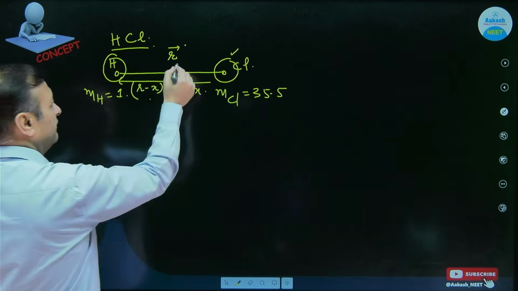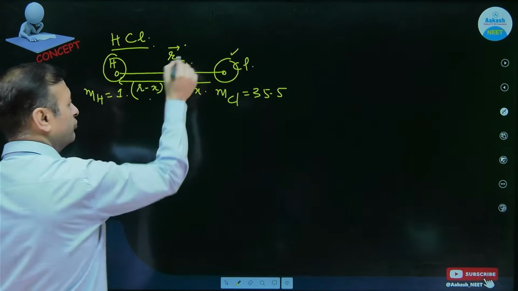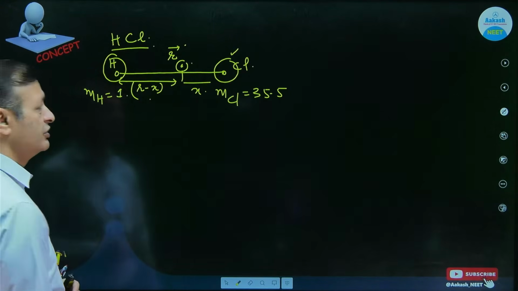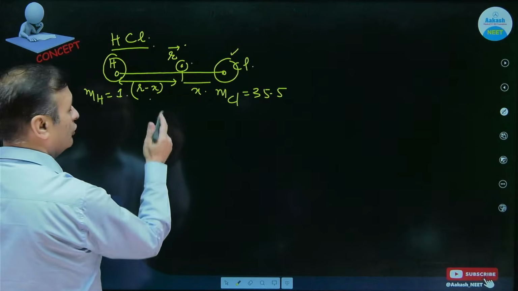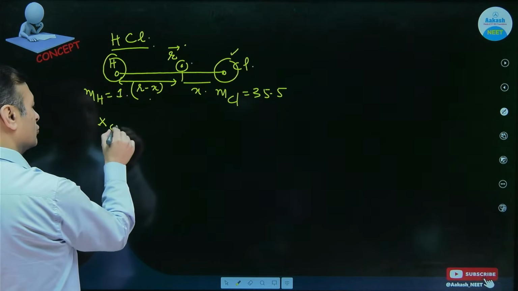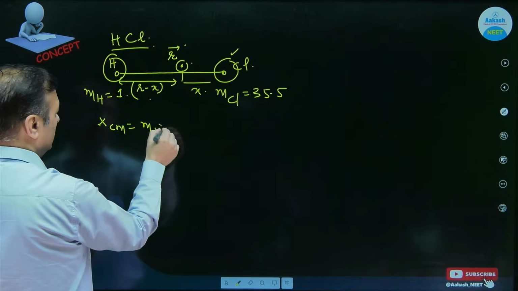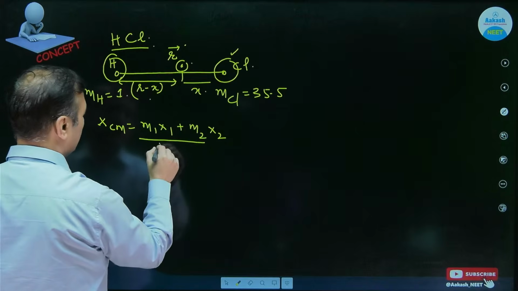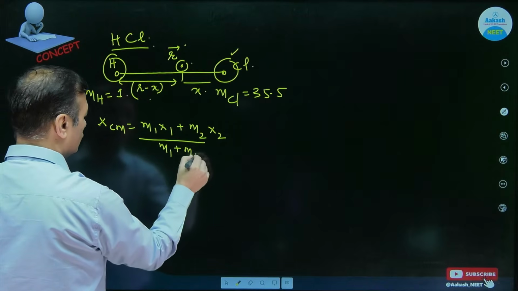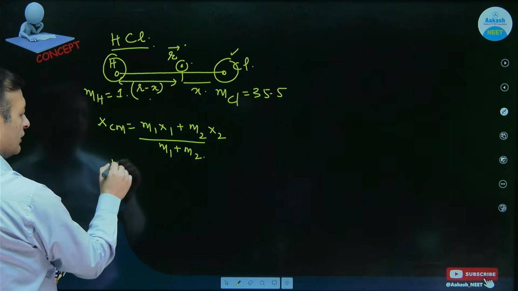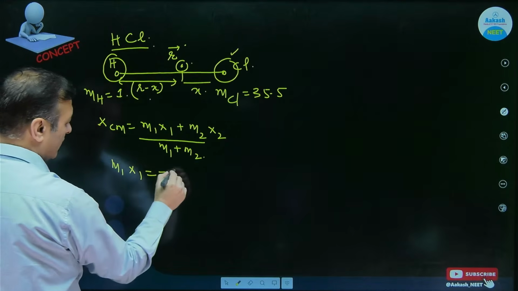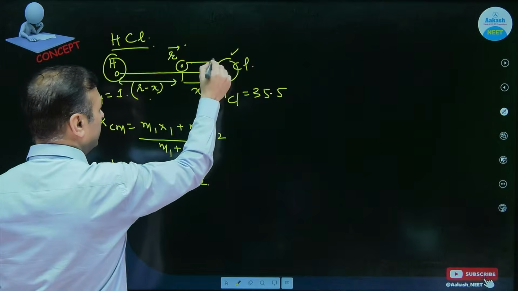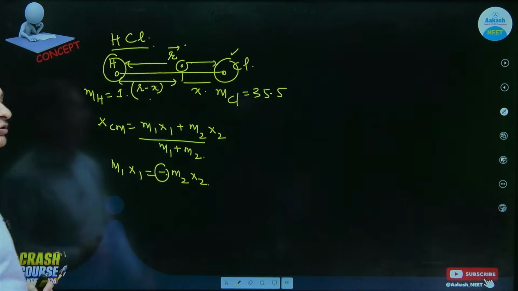If I keep the center of mass position as the origin, this coordinate is 0. So the x coordinate of the center of mass is m1 x1 plus m2 x2 by m1 plus m2. If I put this as 0, that gives m1 x1 is equal to minus m2 x2. The minus sign indicates one is on the right hand side and one is on the left hand side.